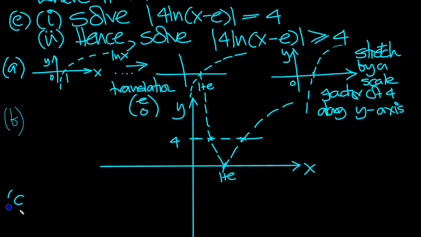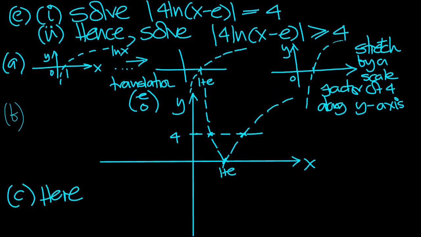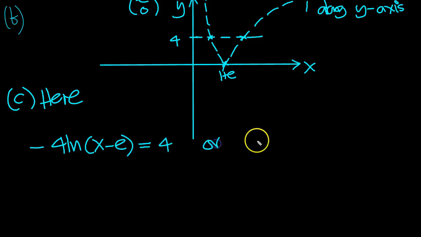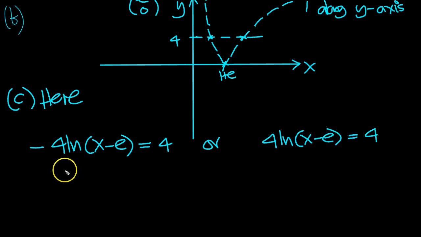So this part of the curve will be the negative, and this part will be the positive, won't it? So the negative part of the modulus for ln x minus e is equal to 4, or the positive 4.